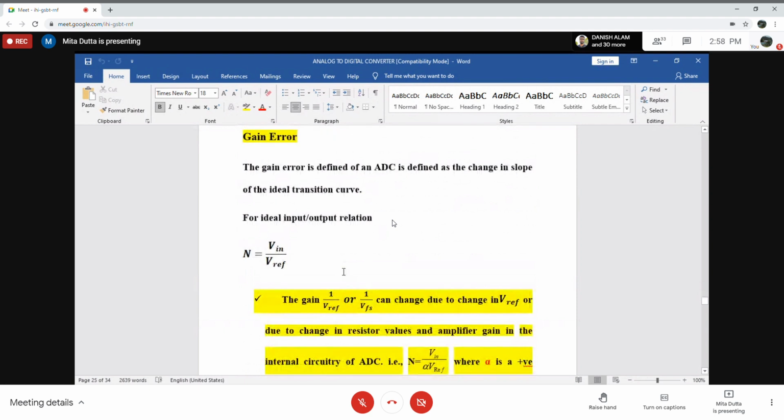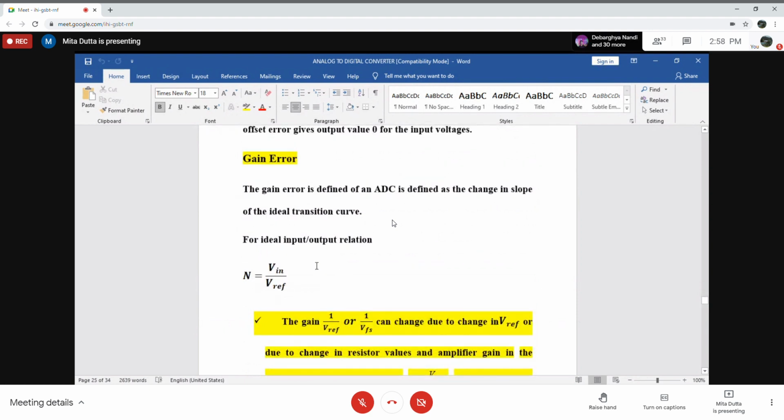Now the gain error will again be the change in slope of the input-output relationship, just like in the case of DAC. And here, the output digital word N can be written as a1 to the power minus 1, a2 to the power minus 2, up to an to the power minus n.